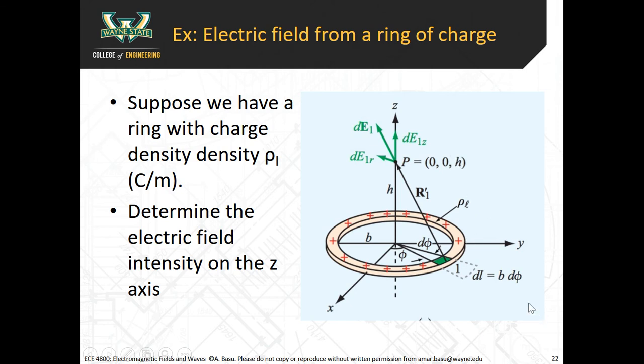The direction of the electric field is basically an extension of the vector that connects the two. So you draw a line from here to the point, and the electric field will continue to point away along that line. It'll be parallel to that vector. What this image is trying to show you is that there is some amount of symmetry, and the lateral components will end up canceling. Why will the lateral components end up canceling? And you'll be left with just a z component.